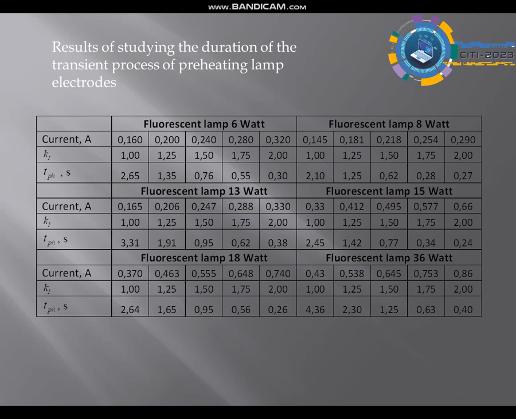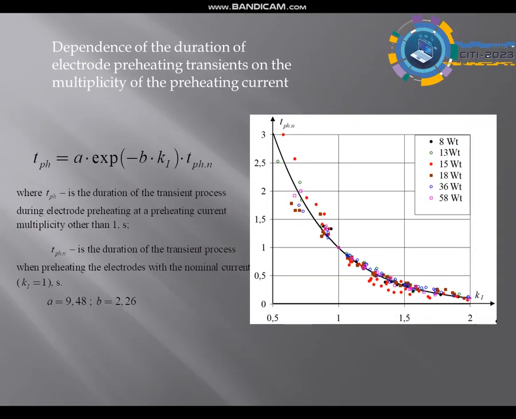As a result of the generalization and processing of this data, their approximation was carried out. An analytical formula was obtained that makes it possible to calculate the transient time of various fluorescent lamps of any power.